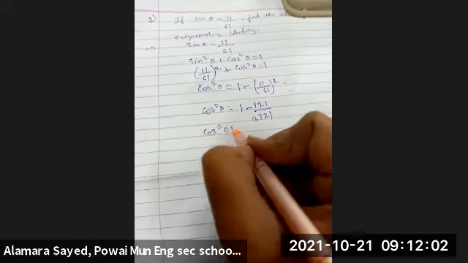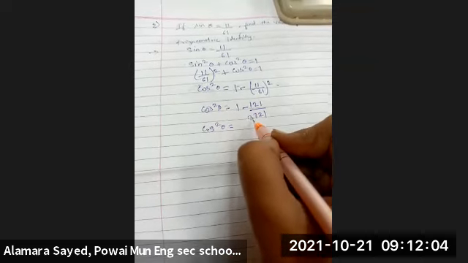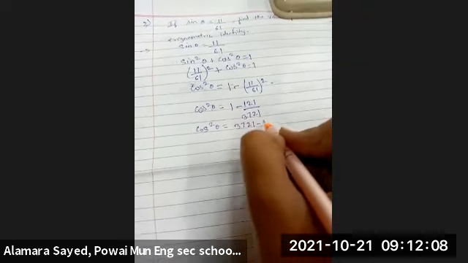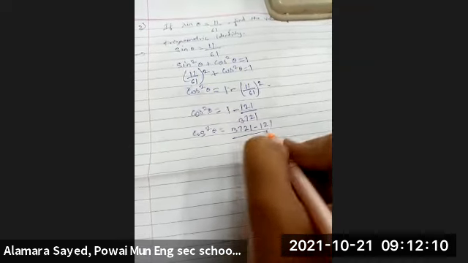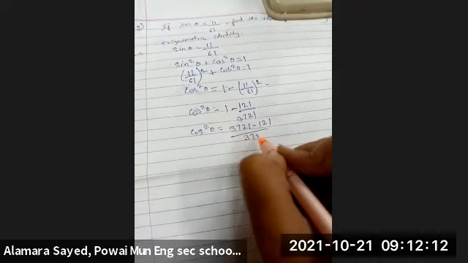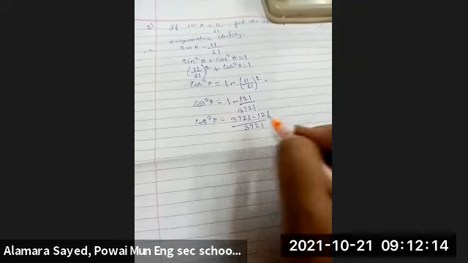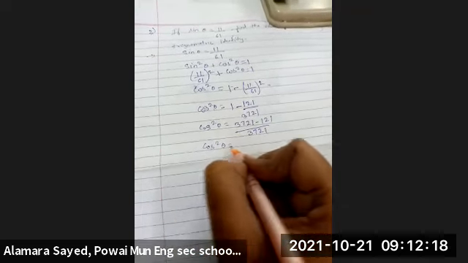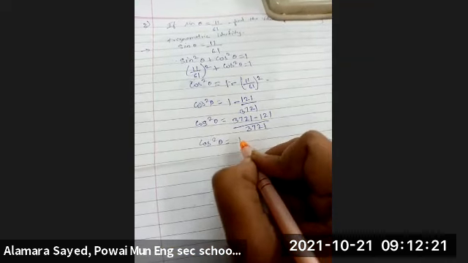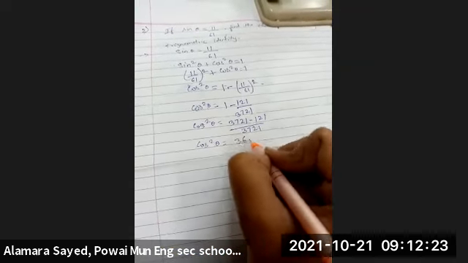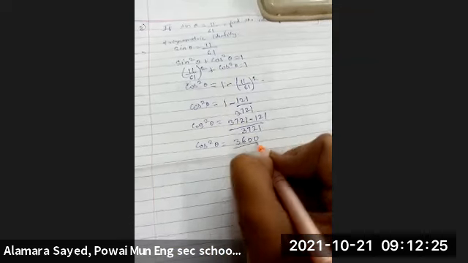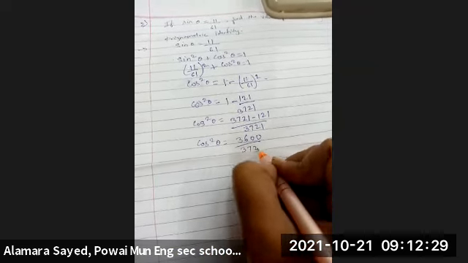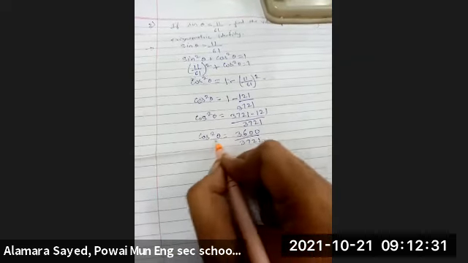So cos square theta is equal to, by division, 3721 minus 121 upon 3721. After getting this, cos square theta is equal to 3600 upon 3721. This is the value of cos square theta.